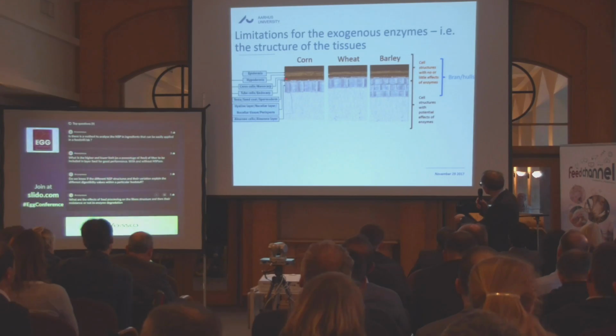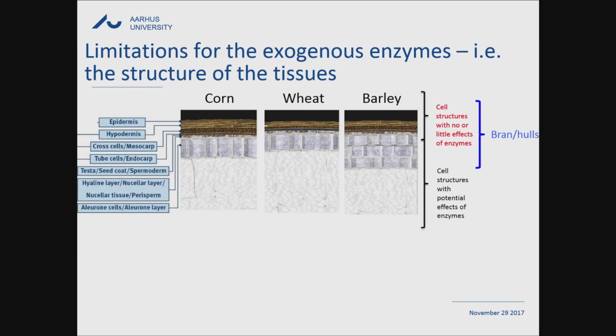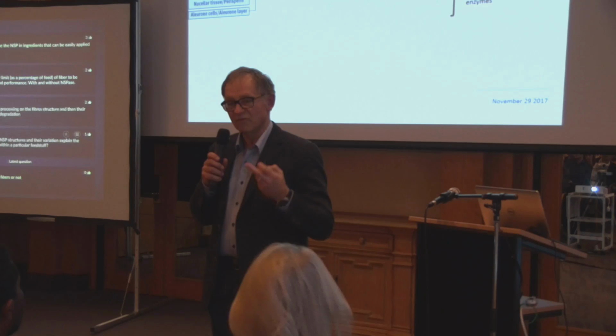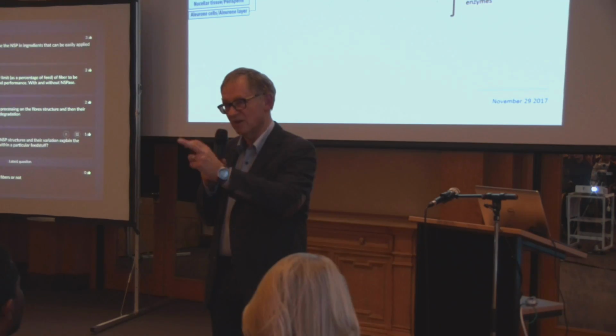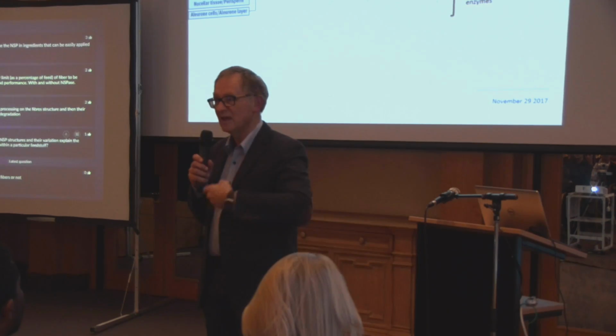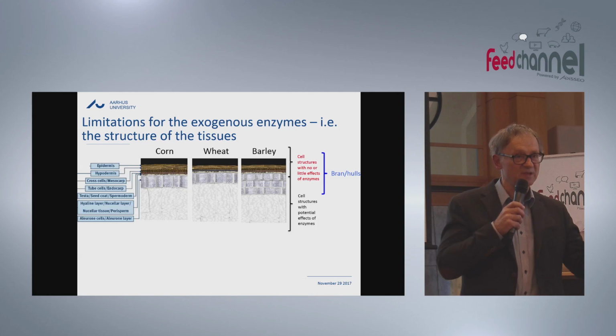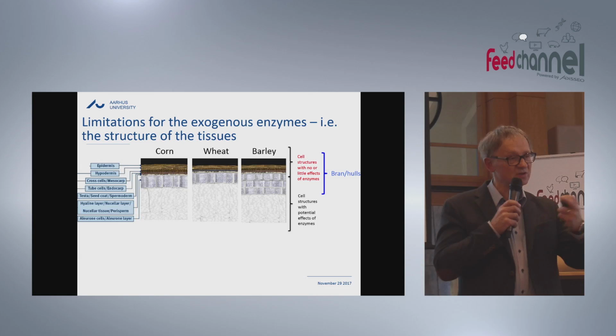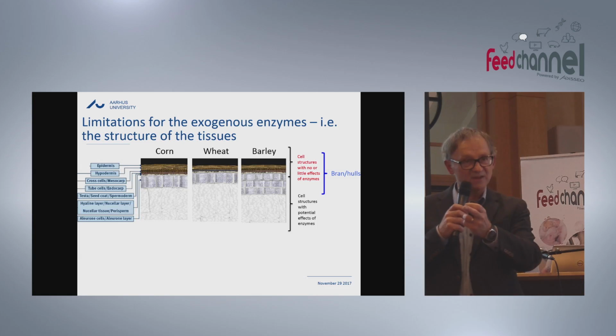If you then look at the outer parts here, I must say I don't think that exogenous enzymes will be able to do that much with them. And I'm building this also on data we have, for instance, from pigs, where we have isolated the outer part of wheat and rye, given that to pigs, fed the animals, and then looked at how much of these cell structures could be degraded.